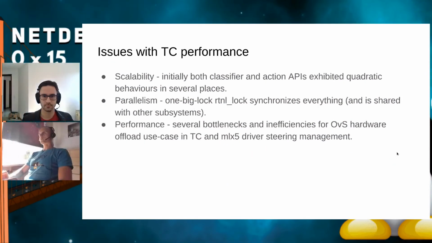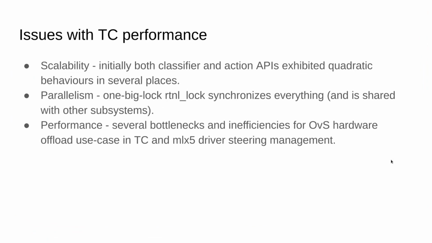The issues that we found with TC performance during our initial analysis in 2017 when we started this project were mostly scalability issues. Initially, both the classifier and action API exhibited quadratic behavior in several places. Besides that, we had an issue with parallelism. Basically, the whole of TC was synchronized with one big lock, the RTNL lock, which synchronizes not just TC but also multiple other subsystems.